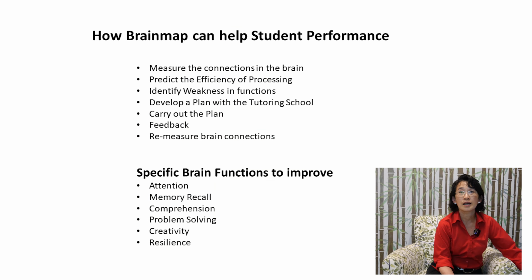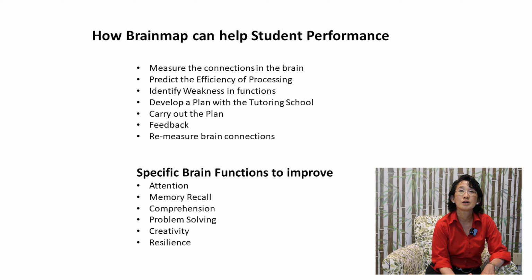So I am doing this video reaching out to all parents, teachers, and tutoring institutes, because we are in the era of the brain and neuroscience. Just like how the microscope enhanced the field of medicine, I feel the brain mapping technology can enhance the results of the student and can enhance education.